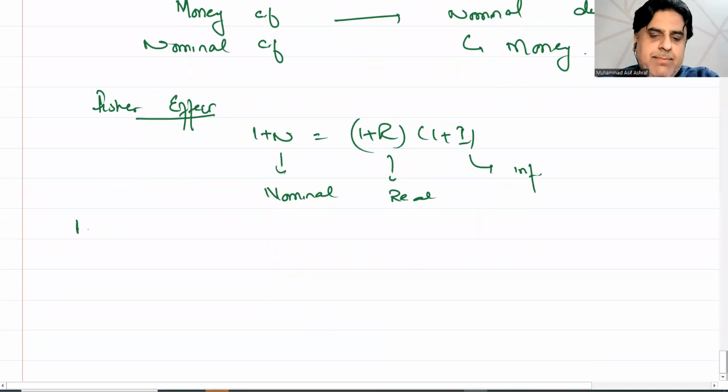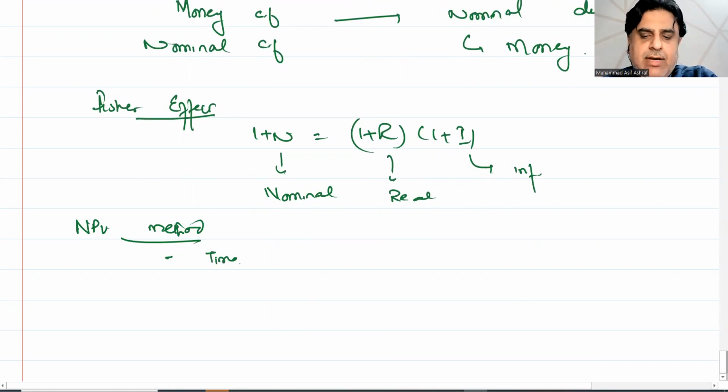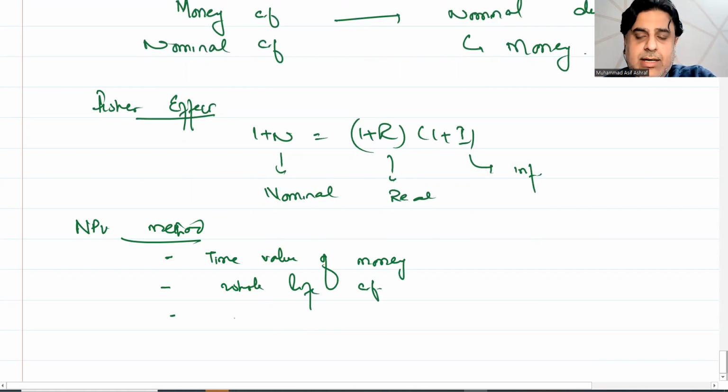When we talk about NPV method, it accounts for time value of money. It accounts for the whole life cash flows. Number three, it can be used for unconventional cash flow projects as well.